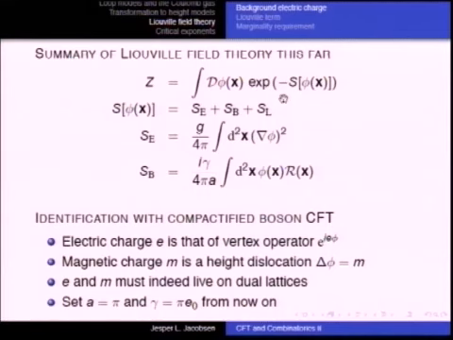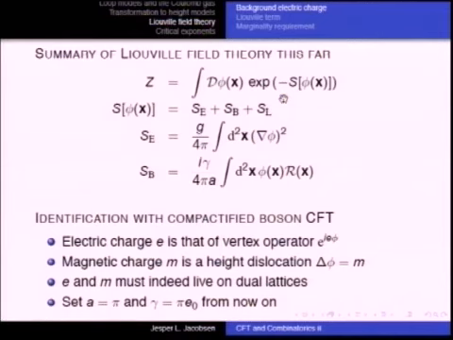So the partition function was this functional integral, and there were three pieces in the action. One piece was just this Gaussian term, which controls the interface model of these heights, of which phi is the continuum limit. And there was this boundary term here, which gives the right weight to loops which wrap around a cylinder.